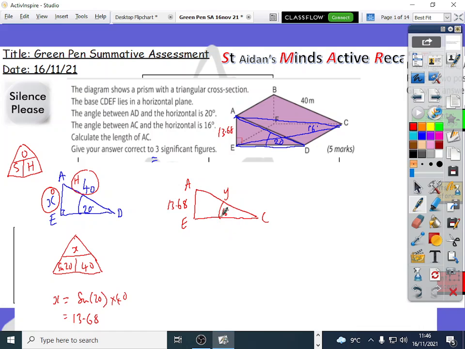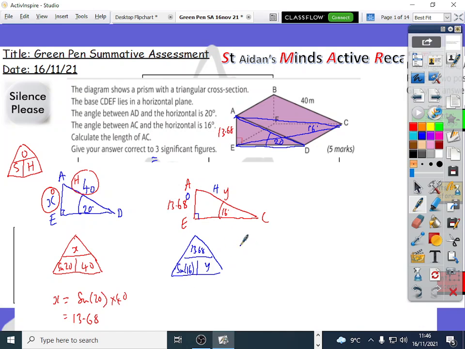Again, this is SOHCAHTOA, this is opposite, this is hypotenuse, this is a right angle triangle. We've got the sine triangle with O being 13.68 and H being Y, and the angle is 16.